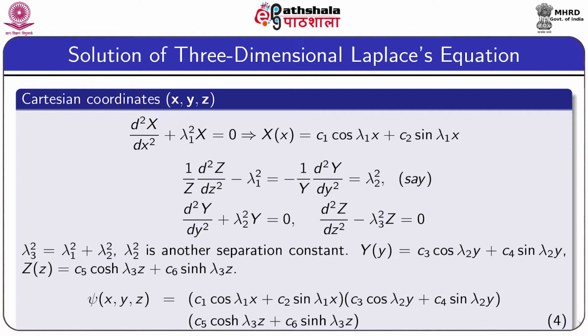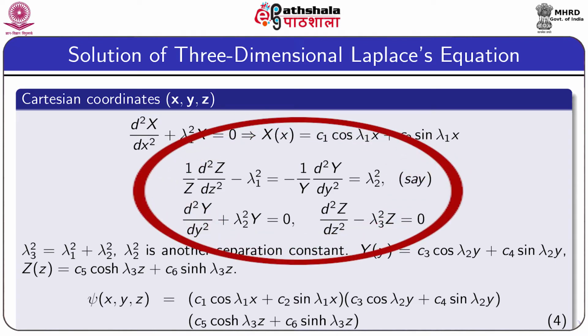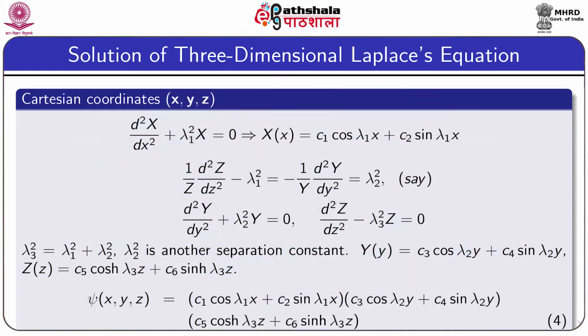So, if we equate minus 1 by Y d2Y dy square to lambda 2 square, we get an ordinary differential equation which is written here: d2Y dy square plus lambda 2 square Y equals 0, and we can easily write the solution of this equation, which is written here.